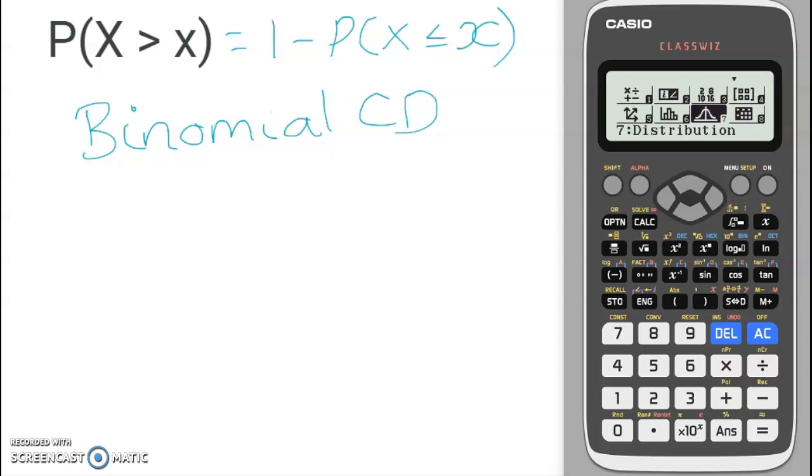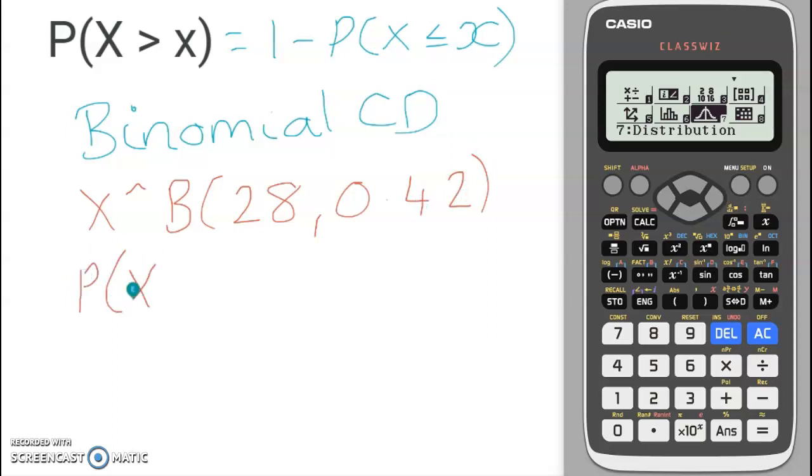So let's look at a numerical example. X is binomially distributed with an n of 28 and a p of 0.42. What is the probability x is greater than 20?